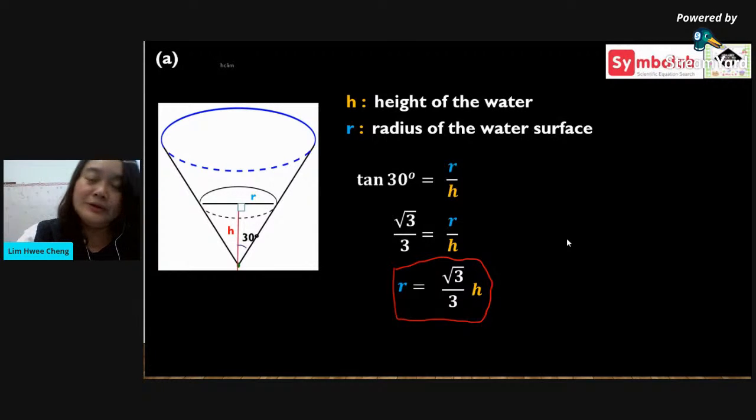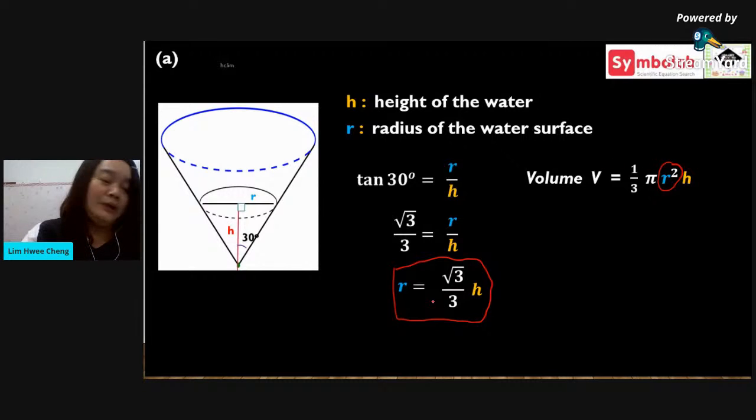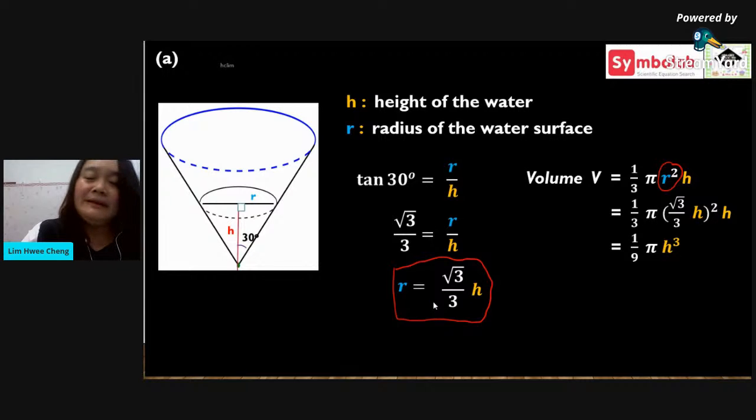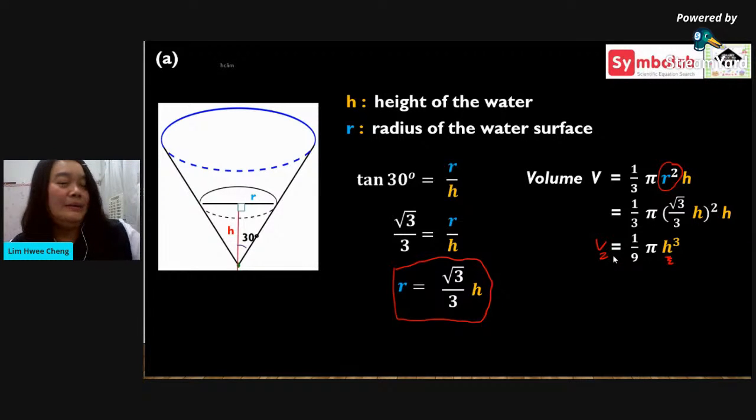Okay, good. So your volume is 1 over 3 pi r squared h. Where is the r? The blue one, right? This is the r. That's why you substitute in the h term. So you will get everything in one parameter only. So just one h. So there is v and h.